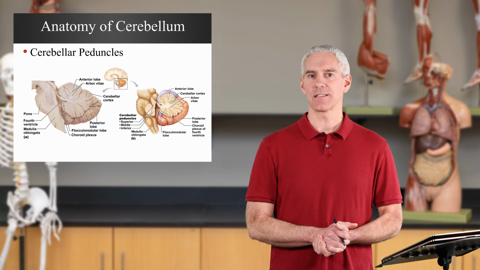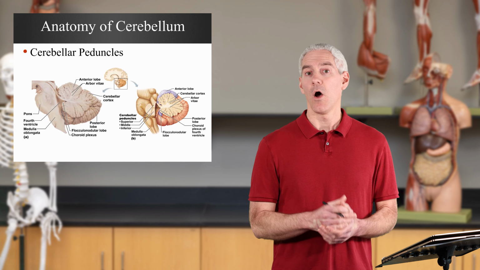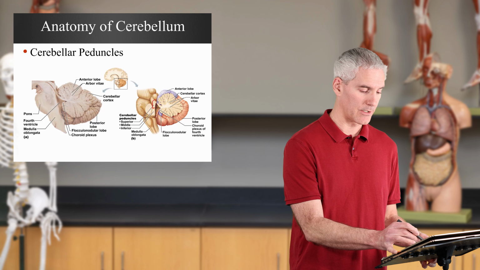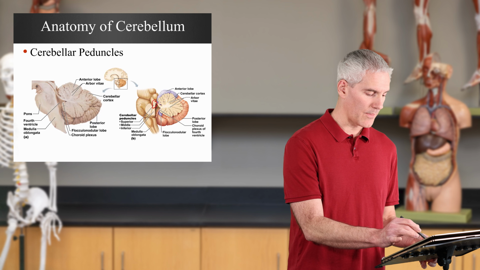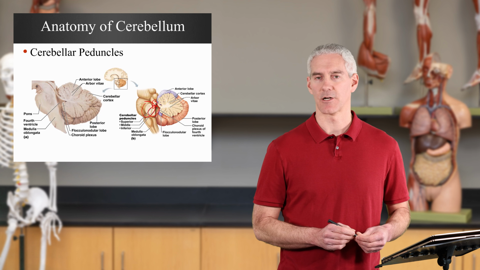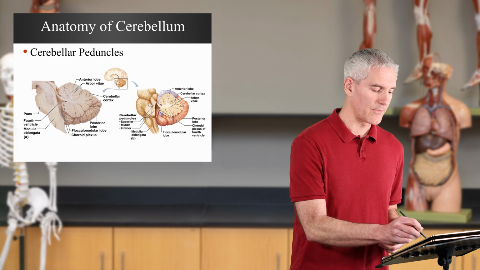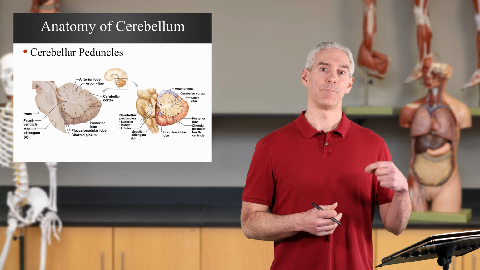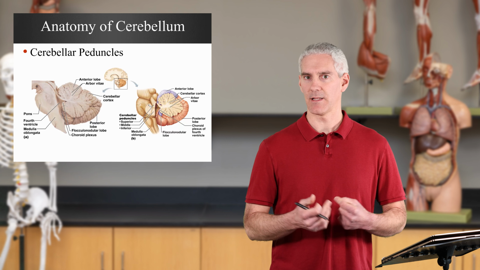And then we have the cerebellar peduncles. Hopefully remember, we've already talked about all three. We've gone through the superior cerebellar peduncle, the middle cerebellar peduncle, and the inferior cerebellar peduncle. Remember that the superior cerebellar peduncle connects the midbrain to the cerebellum.